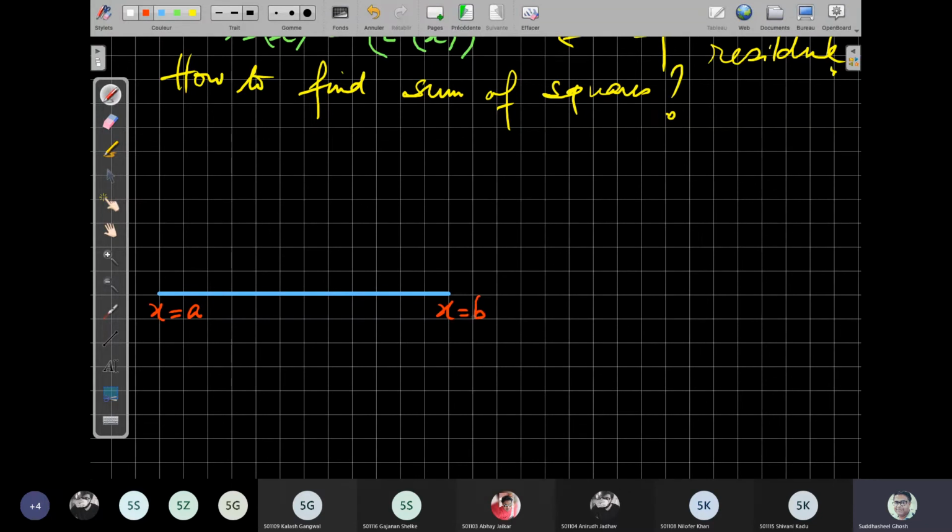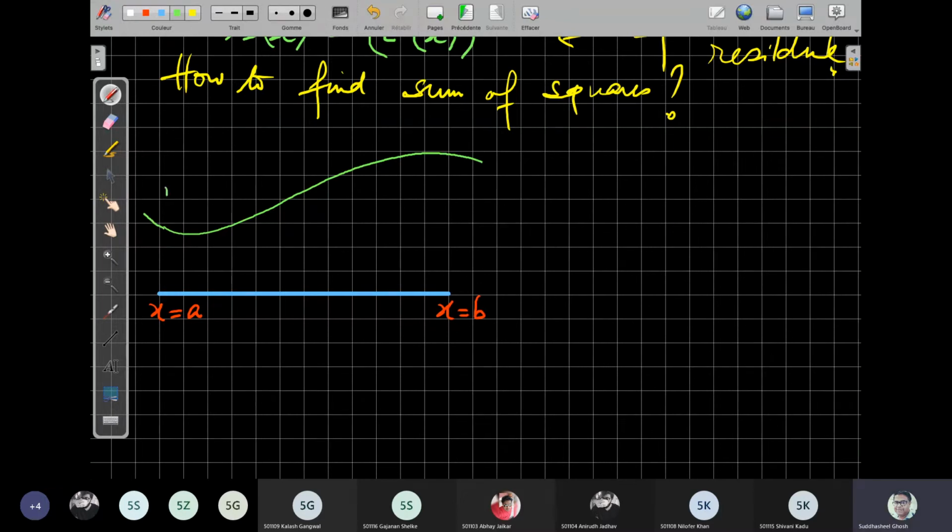And in this I have drawn a graph. They have told me that this is your function. What is this?